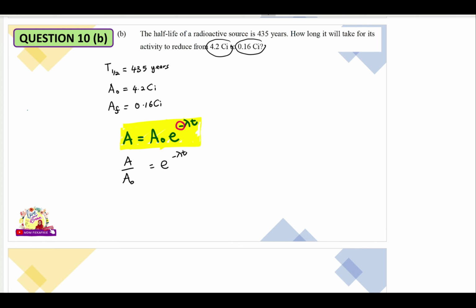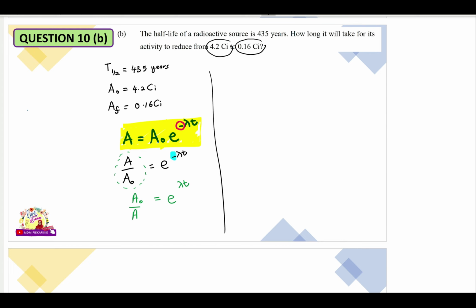So, mathematically, alright, so kalau kita nak hilangkan negatif ini, yang you ada ini, A over A naught ni, awak terbalikkan. So, dia akan jadi A naught over A equal to e lambda t. Dia akan jadi macam tu. Okay, tu penting.